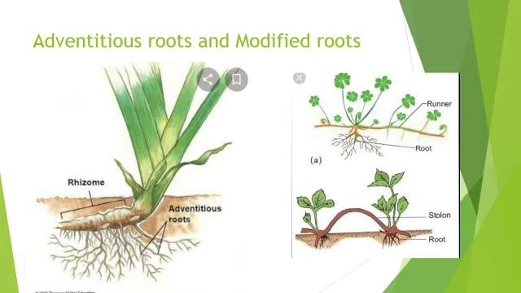Now in case of dicotyledonous plants, they have taproots, while monocotyledonous plants have fibrous roots. Dicotyledonous plants means which plants? The plants which have seeds which divide into two parts.